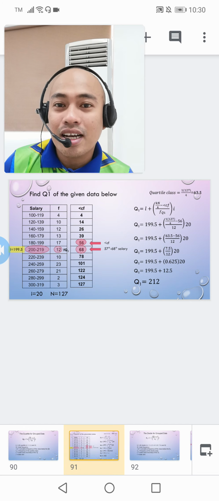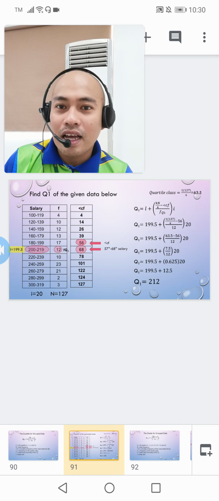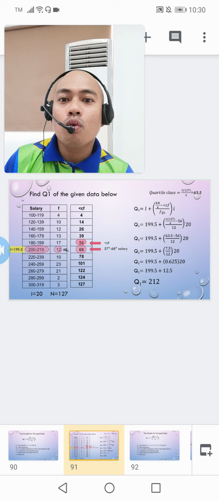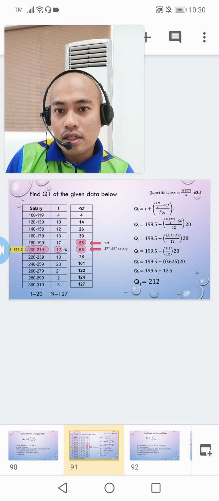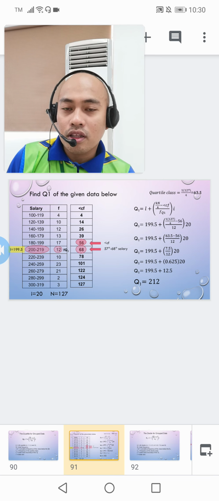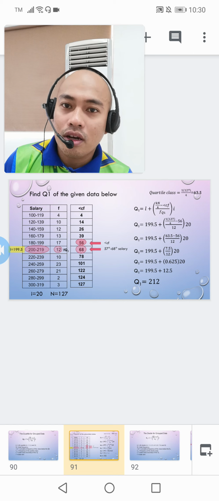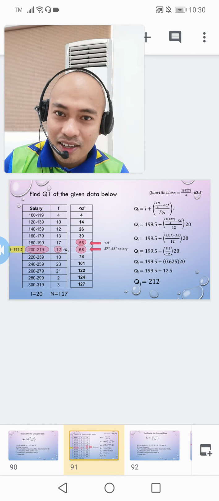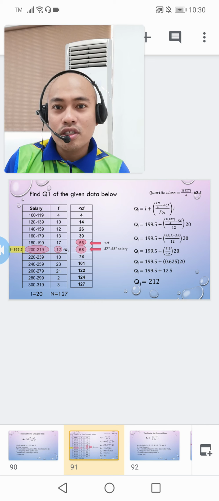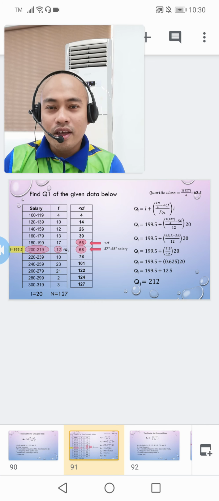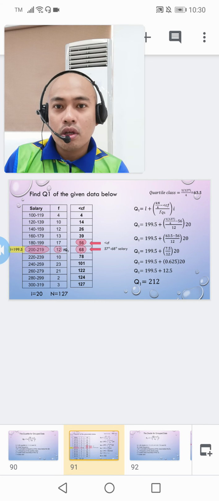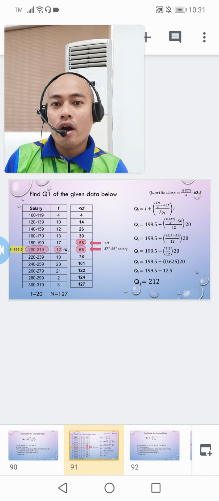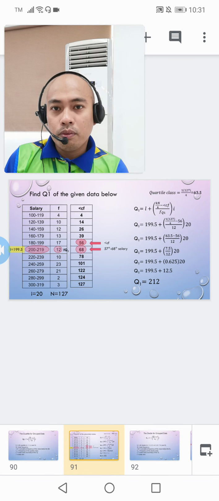So we can see the quartile 1 in the quartile class 200 to 219. That is why we call it the quartile class, since quartile 1 is found in it, which is equal to 212. And this is the lecture all about finding the quartile value for group data.